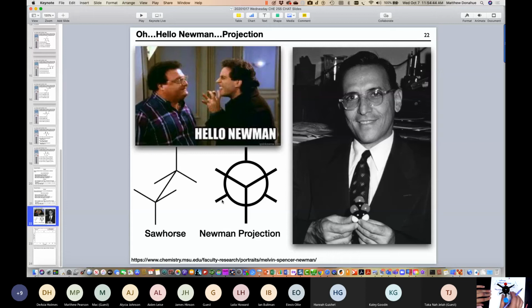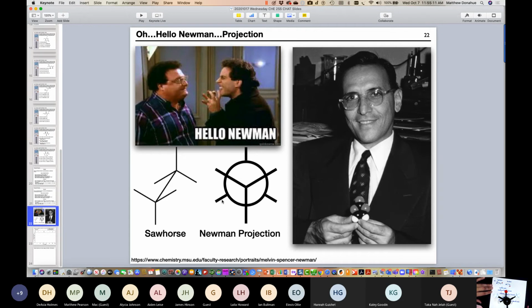So if I go back up to this here, and I say, let's put our eyeball, there's our eyeball, and we are looking down 2, 3. We're looking down this sigma bond between carbons 2 and 3.